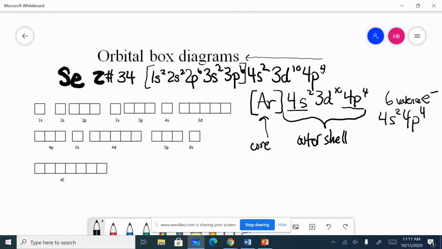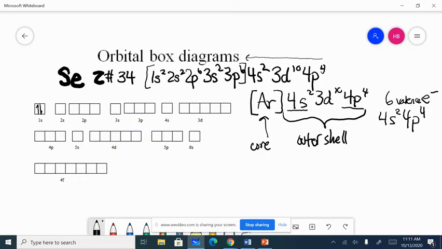Now, let's use all this stuff, and you don't need to do all of this to represent the element in an orbital box diagram. You just need to represent 34 electrons. So the Pauli exclusion principle means that in the same orbital, the electrons have to have opposite spin. We represent, in this model, electrons with an arrow.